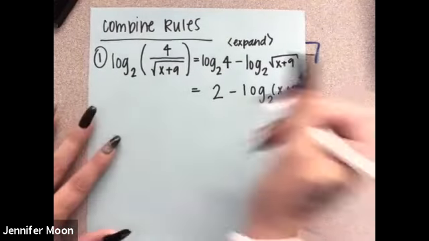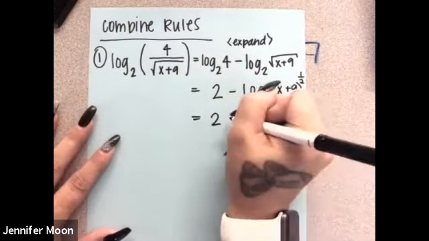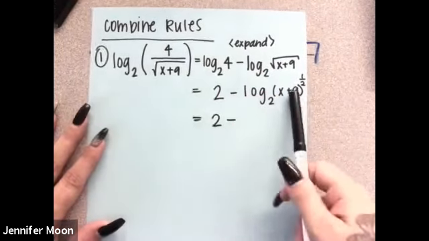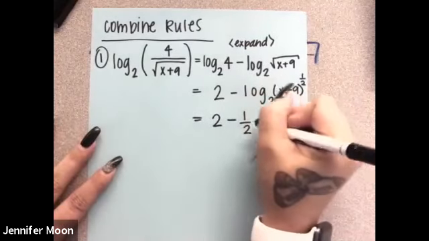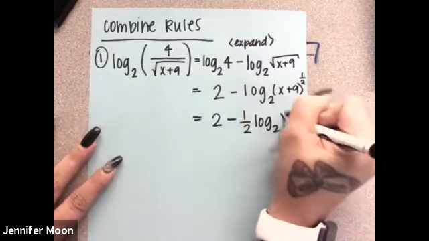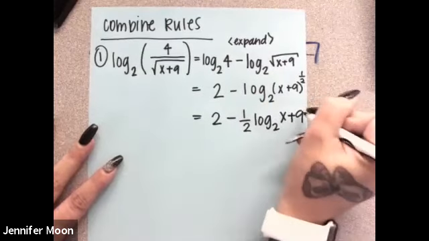Okay, so now I'm going to look at this again. I've got 2, got minus. This would now be a power rule. So any radicals that you see, turn them into fractional exponents. Now you have an exponent, right? Or a power, which means that power comes out to the front. We get 1 over 2 log base 2 of x plus 9.